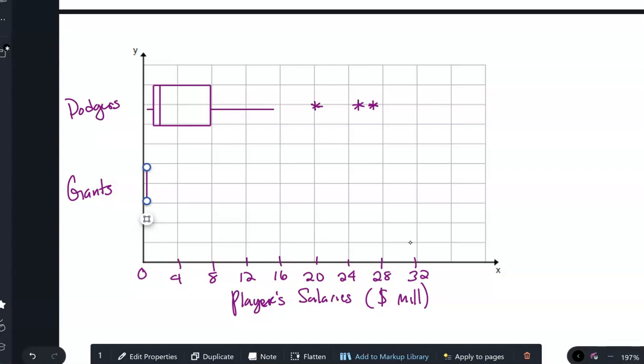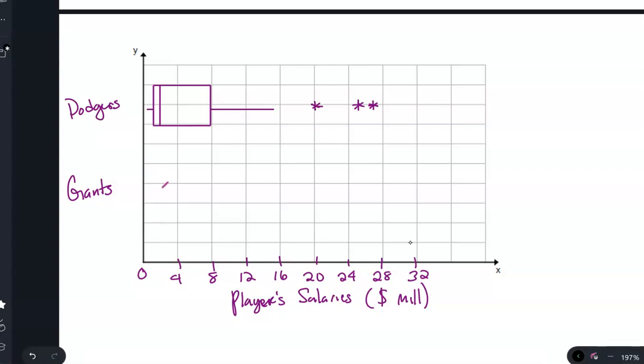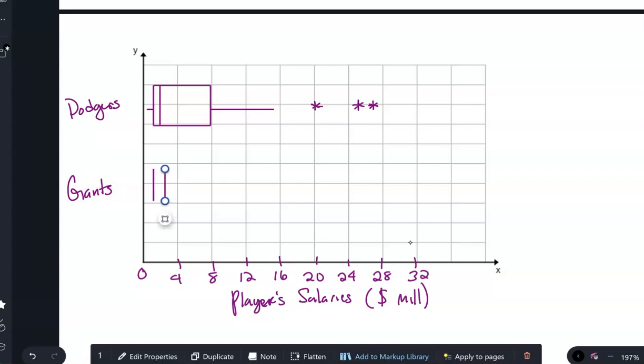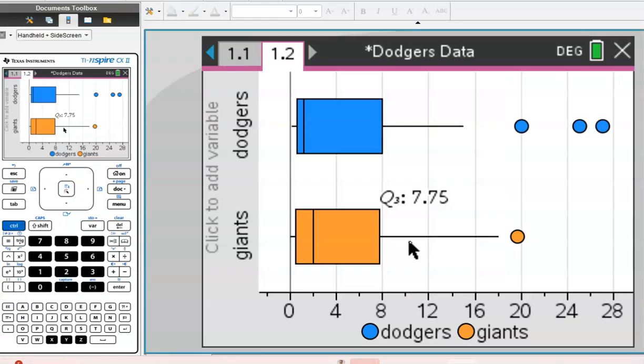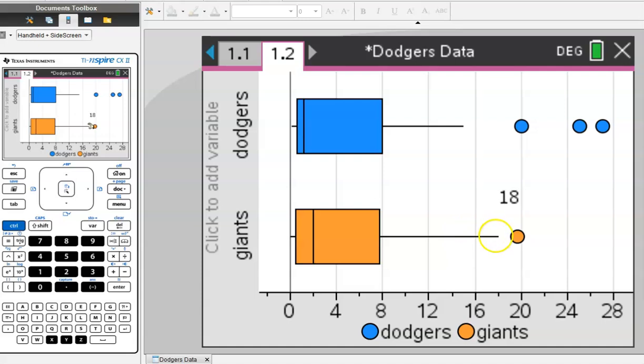That's way too low. No, this should be a little bit lower. Let's see, what is it? 7.75, 18, and 19.65.